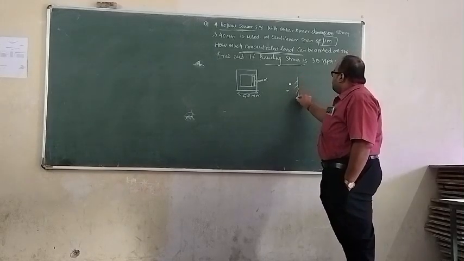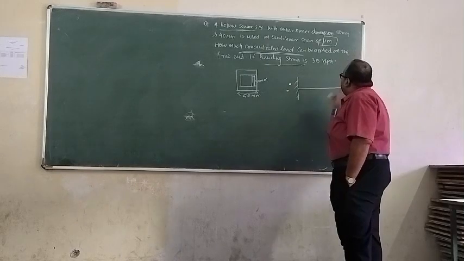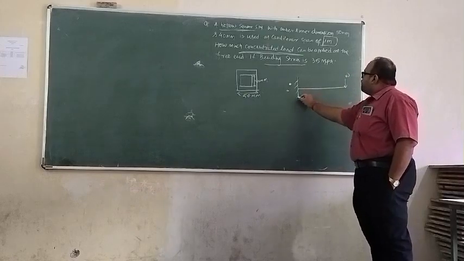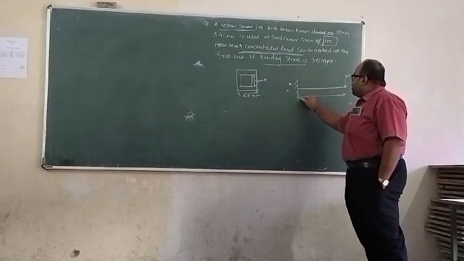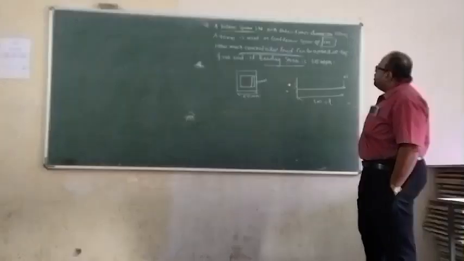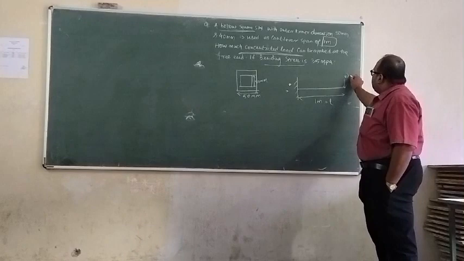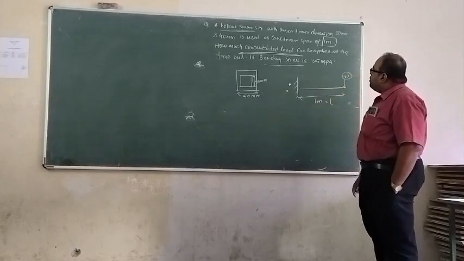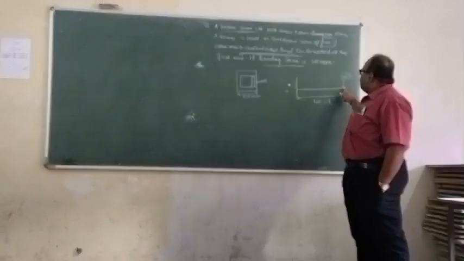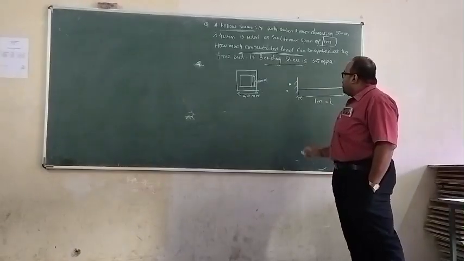So this is a cantilever beam, and here P or W is acting, span is given as 1 meter, meaning L equals 1 meter. The concentrated load is applied at the free end. The bending stress is 35 MPa.